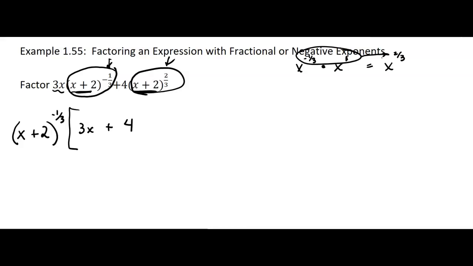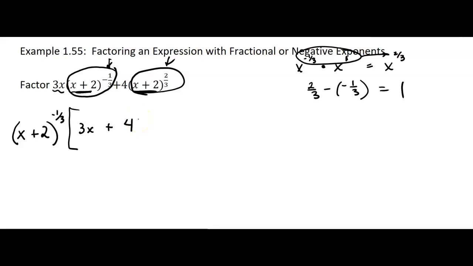You might want to rewind that part and go over it again, because it's a little bit different, okay? I guess you could think about, well, you're factoring it out, so you're subtracting that exponent. So we're saying, what's 2/3 minus a negative 1/3? 3/3 or 1. And I think it was easier to think about it the first way.